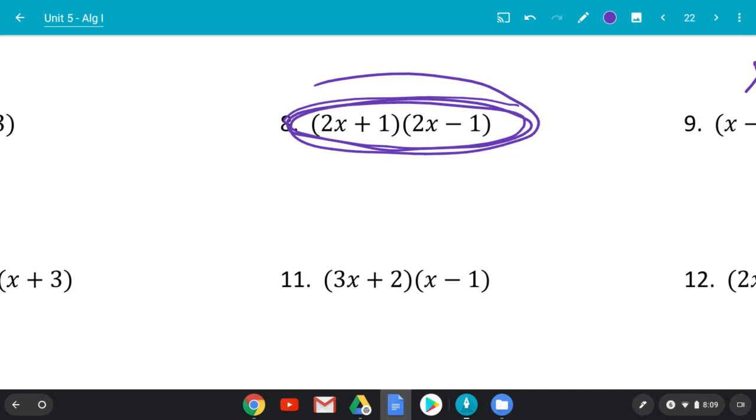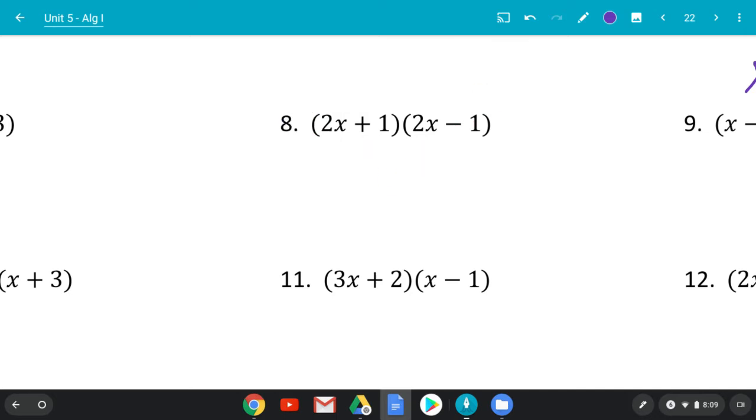It's 2x plus 1 and 2x minus 1. That's the only difference between the two. Everything else is the same. I want you to notice those, because this is going to be DOS, difference of squares. Okay, watch what happens. And this is what happens on all of these, because this is why you want to be able to identify these.